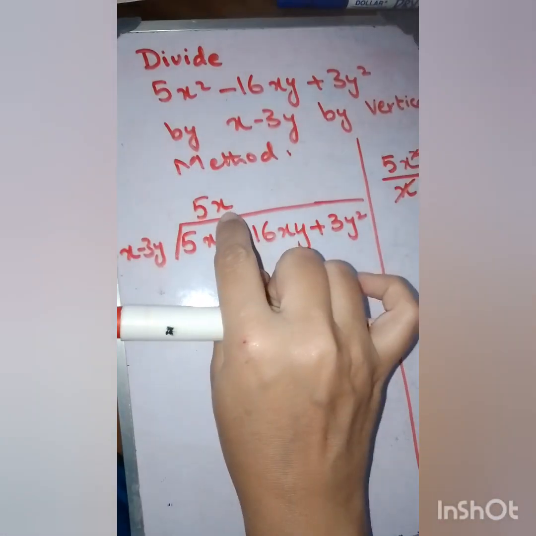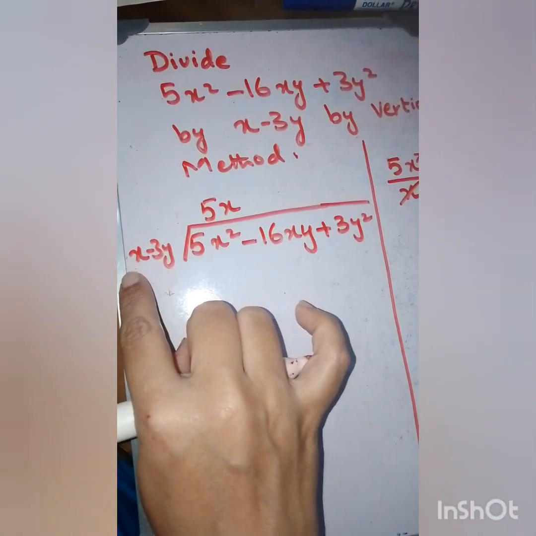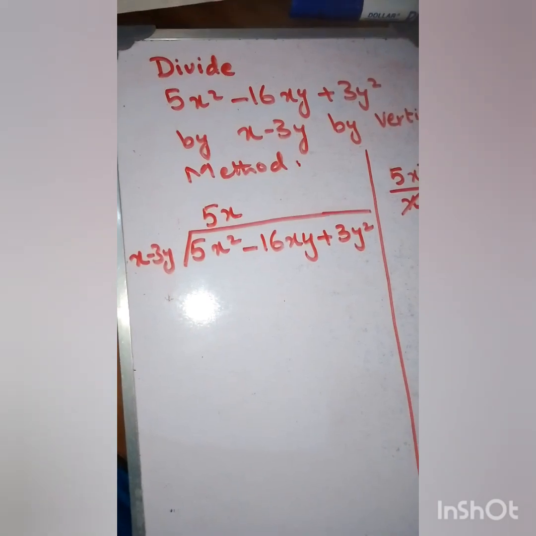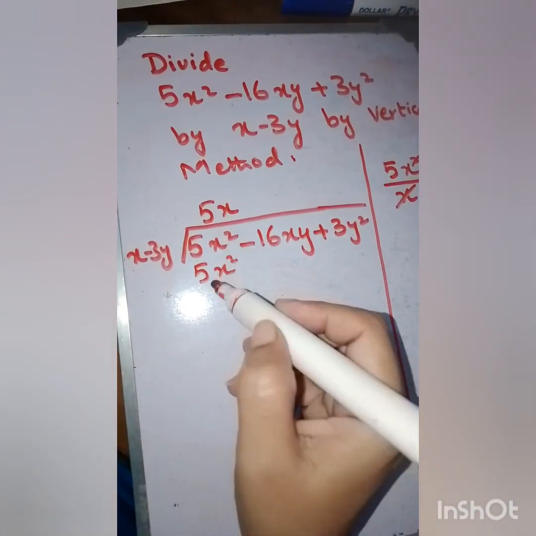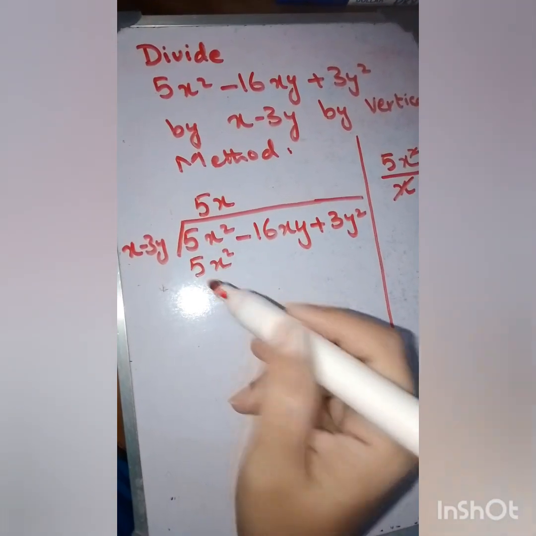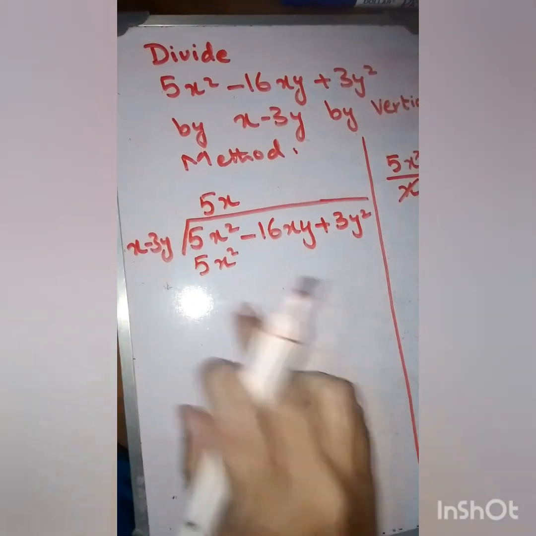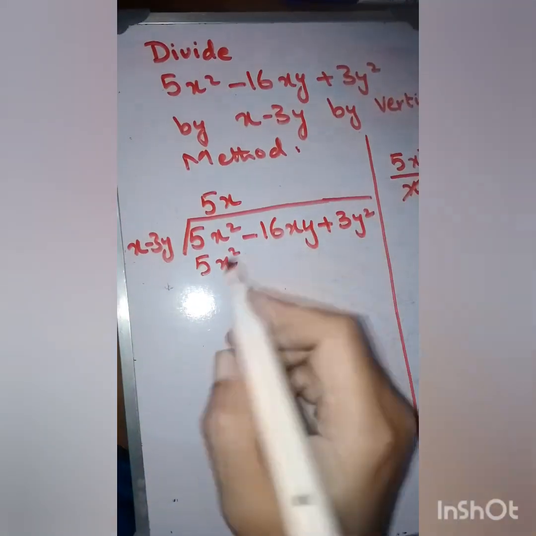Now multiply this with the divisor. 5x into x will be 5x square. What we have to do is to omit this. We must try to get rid of the first term. In order to get it done, we have to divide the first term by the first term of the divisor.